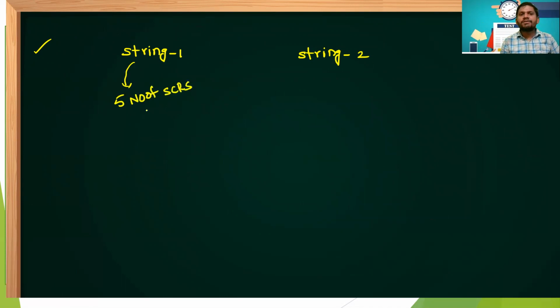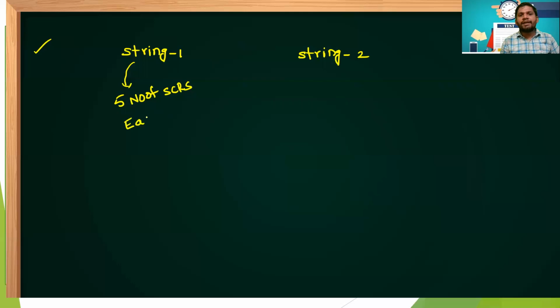But here, students, I want to explain one point. Let us assume we are designing two strings, string 1 and string 2. String 1 consists of 5 SCRs.